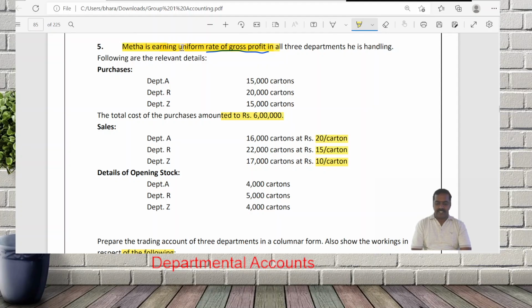The first line itself gives a hint for the answer: uniform rate of gross profit. So the answer is not 12 per unit. Think. I want the cost per unit for A or Z. The hint is that they are making the same rate of GP, for example A 30%, B 30%, C 30%.